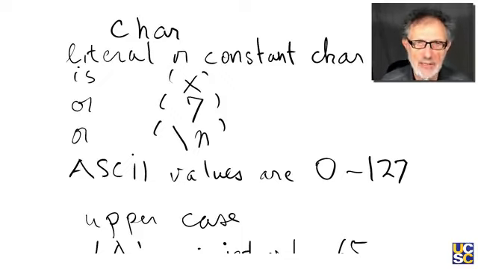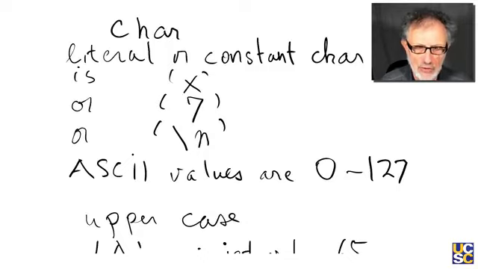So char is a fundamental data type, and a literal or constant char includes things like the lowercase letters. They're represented in your code as single quote x single quote, but also you could have a digit like 7, and it would be represented in quotes, because if 7 was without the quotes, then it would be the literal or constant int.